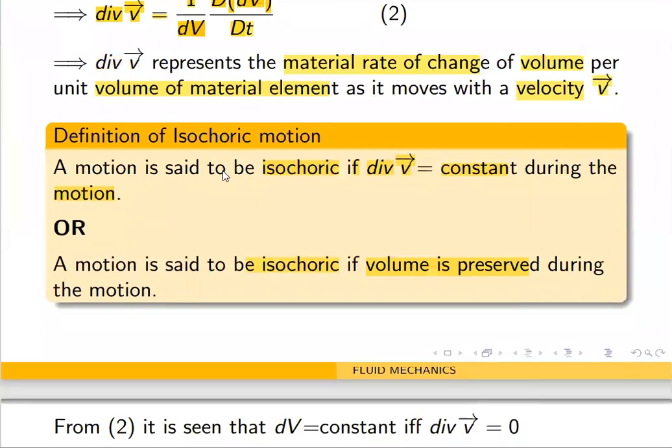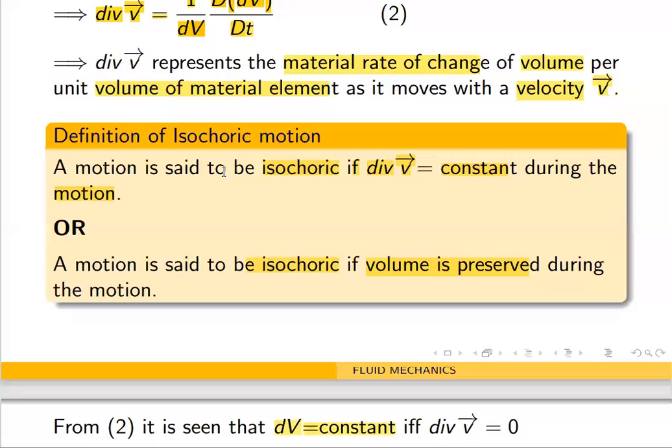Now let us prove that for an isochoric motion, three things are equivalent. What are they? Let us see.